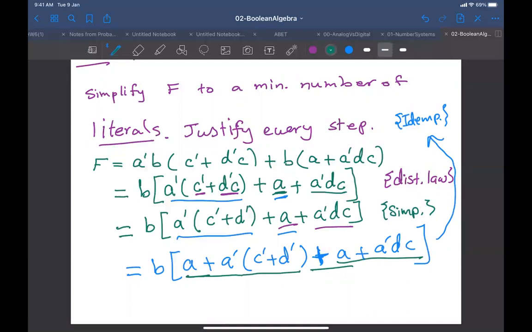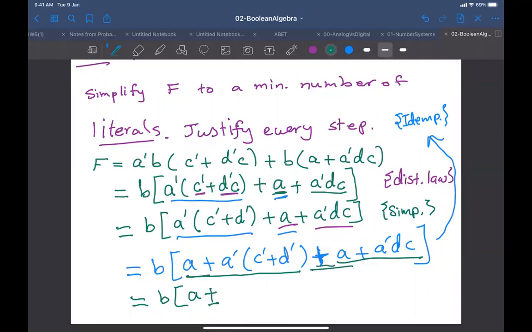So now this is equal to what? B, A, and then we get rid of the A complement. Now, do I need the parentheses, the brackets for C complement or D complement? The answer is no, because it's preceded by an OR and succeeded by an OR.